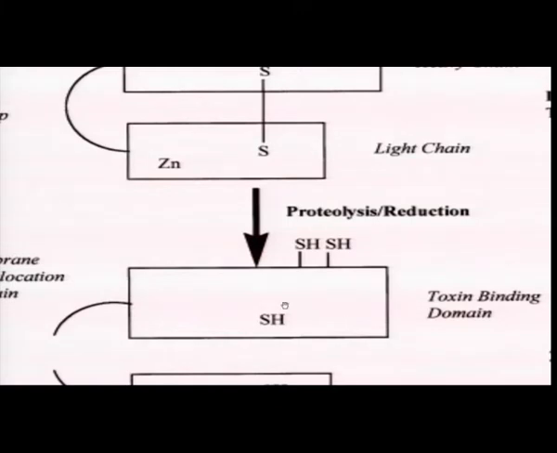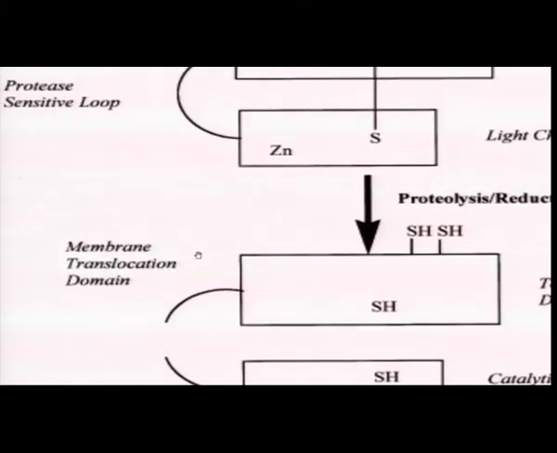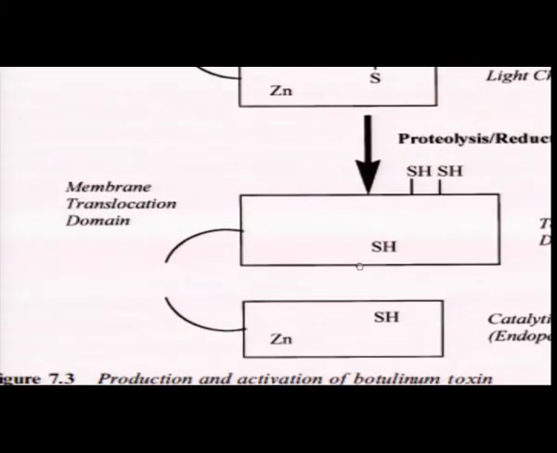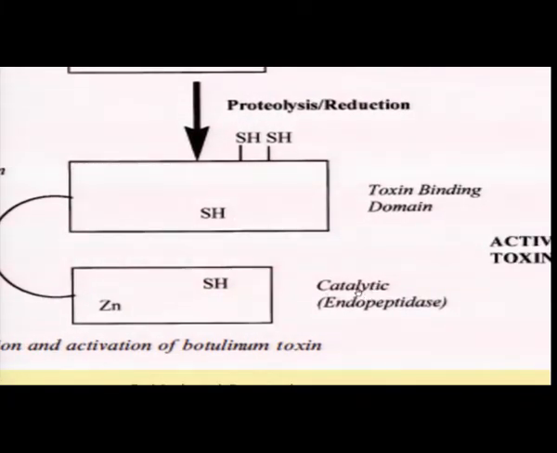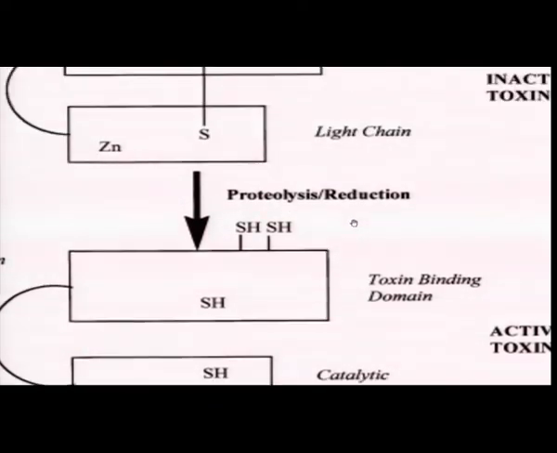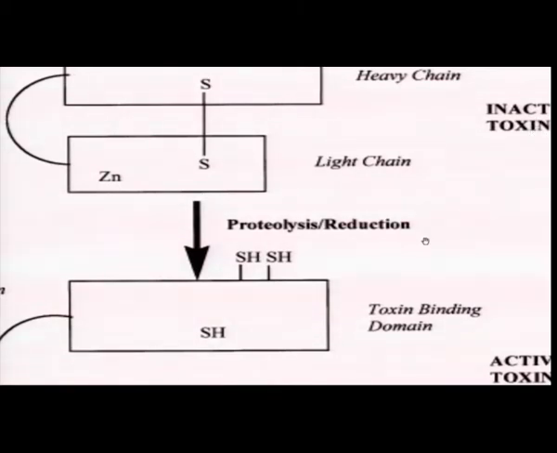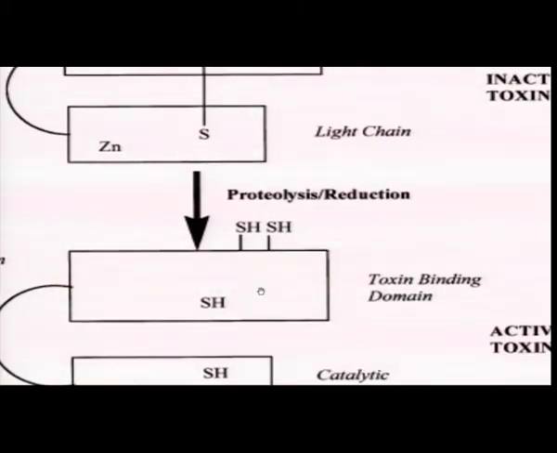This is the toxin binding domain. This is the membrane translocation domain of the protein concerned. And you have the catalytic domain here, which is the catalytic domain for the endopeptidase. So this proteolytic cleavage results in the inactive toxin becoming the active toxin.